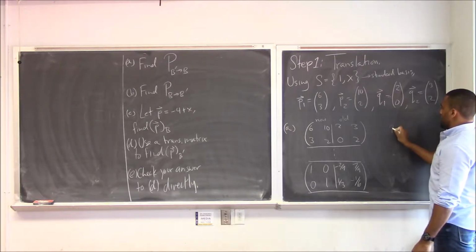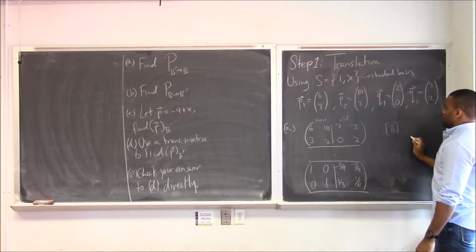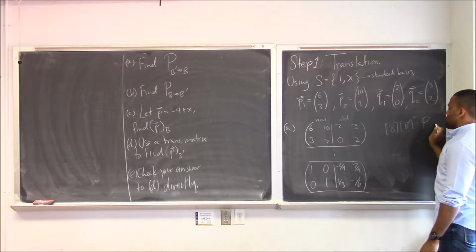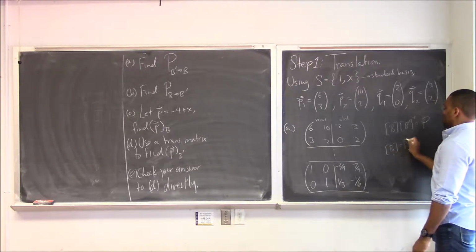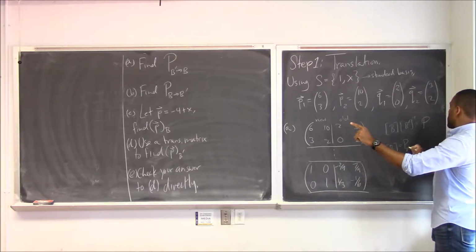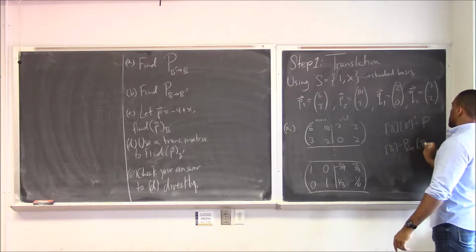That if I look at the matrix for B and multiply it by B prime inverse, that somehow gives me the P? Sorry, B times B prime. Seems too elegant. So you're saying B would be the transition from B prime to B times this guy.